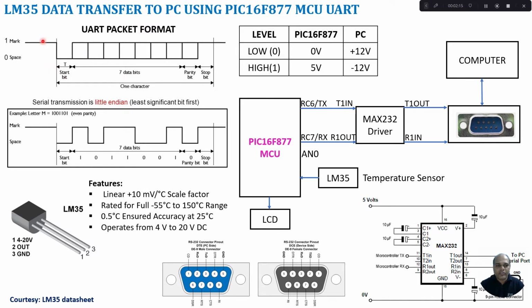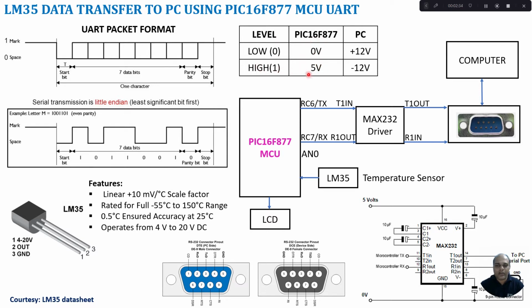Here the logic 1 and logic 0 are represented differently for a microcontroller and for a PC. For example, a microcontroller works with the TTL logic. So logic 0 is considered as 0 volt, and logic 1 is considered as 5 volt.